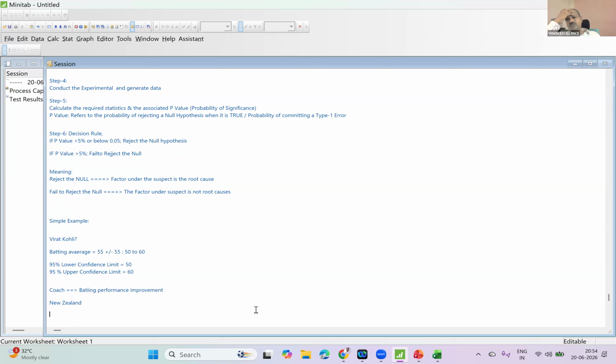After 3 months of rigorous coaching and practice, Kohli is allowed to play a tournament, and in that tournament he played, let's say, 5 or 6 matches, and his batting average is found to be 56.5.